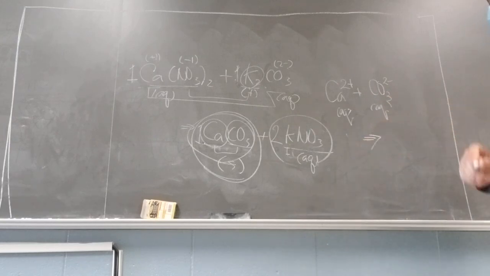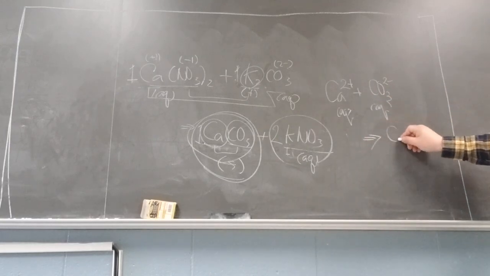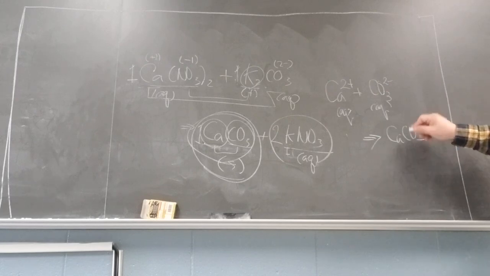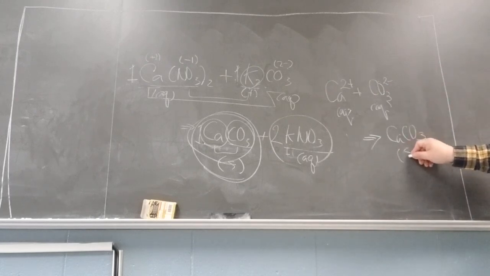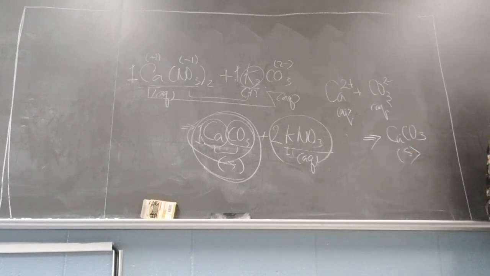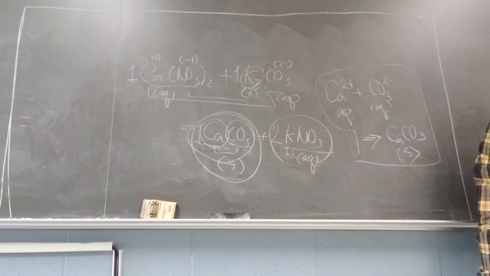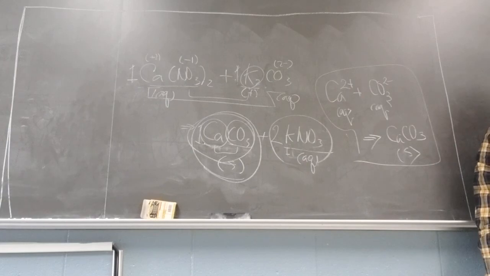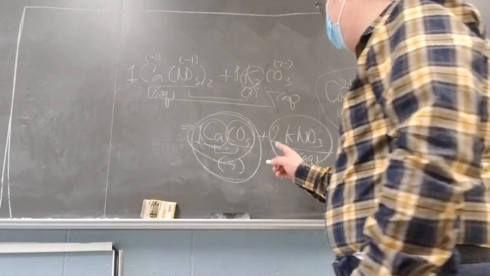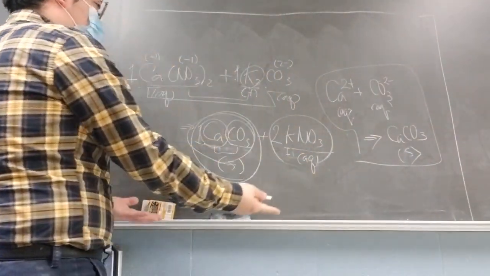Now they're paired up together, making the 1 ionic compound, which is water insoluble. They come out as precipitate in solid phase. Okay, so this is your net ion equation.